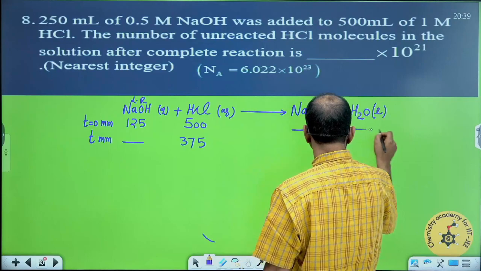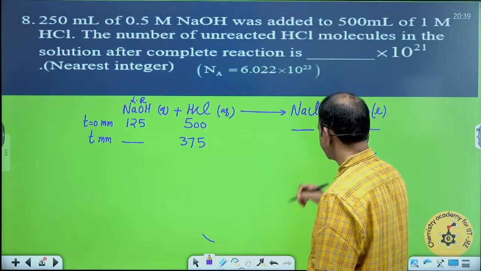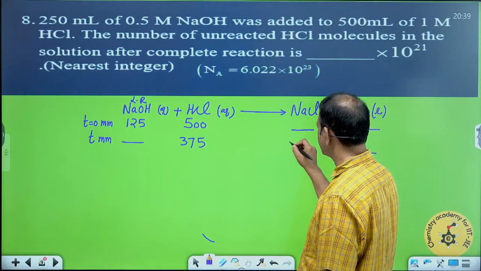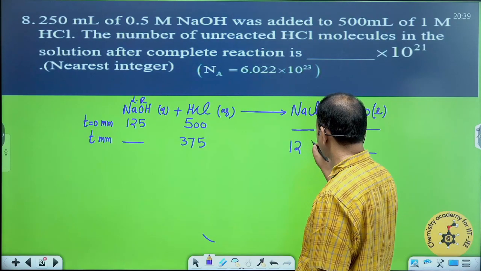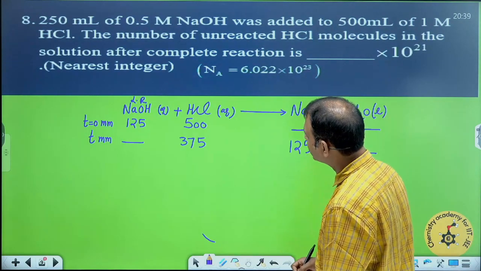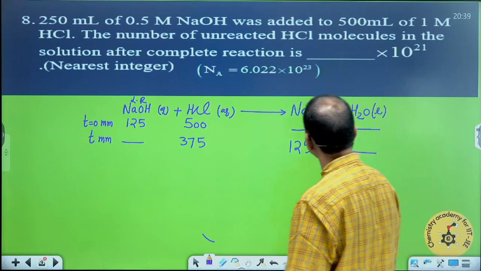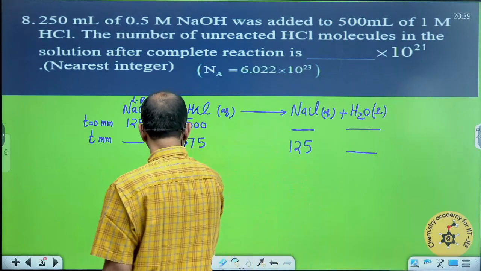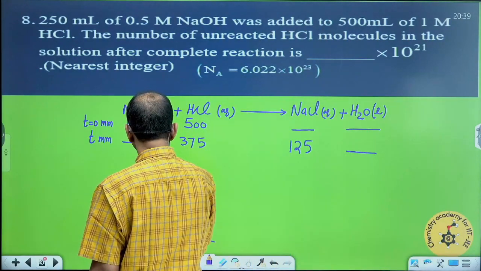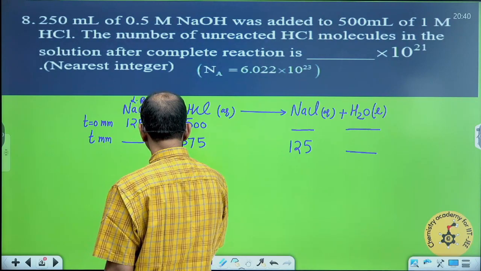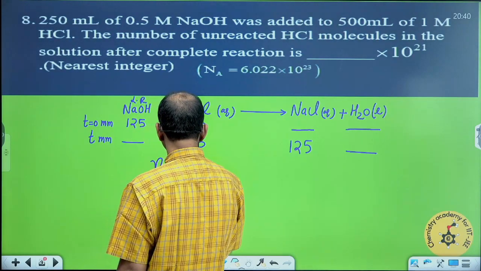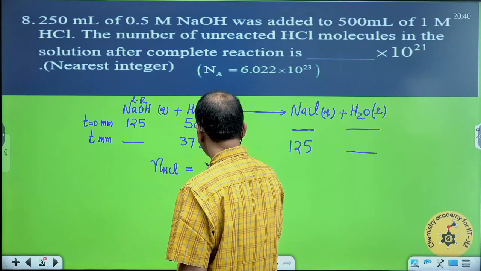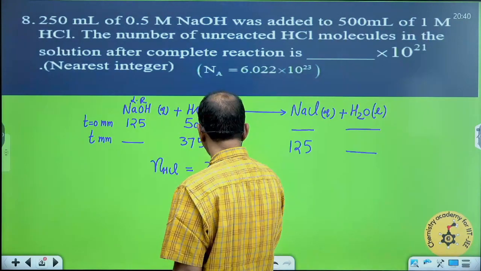And water is solvent, so we are not writing it; it is present in excess amount. The millimoles of NaCl formed is equal to 125. They are asking the number of unreacted HCl molecules. So the moles of HCl which is left unreacted is equal to 375 into 10 to the power minus 3.